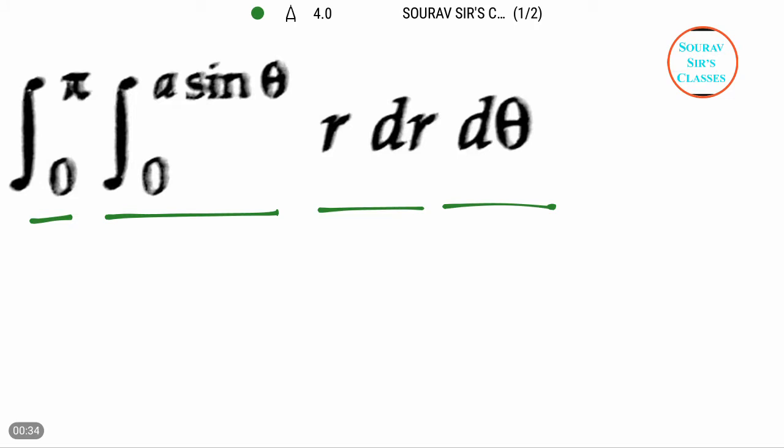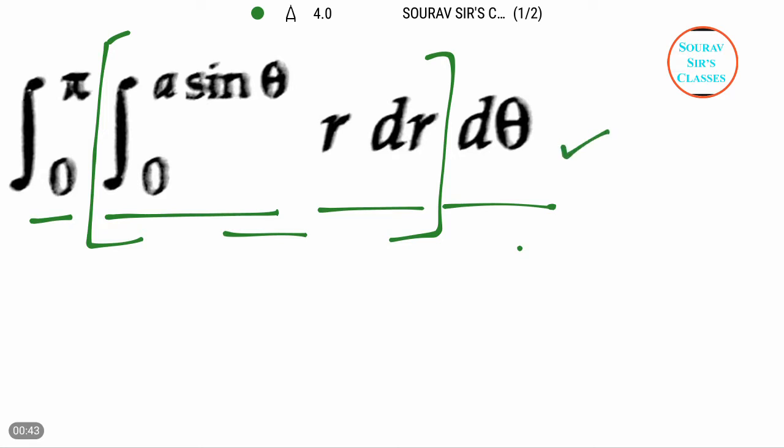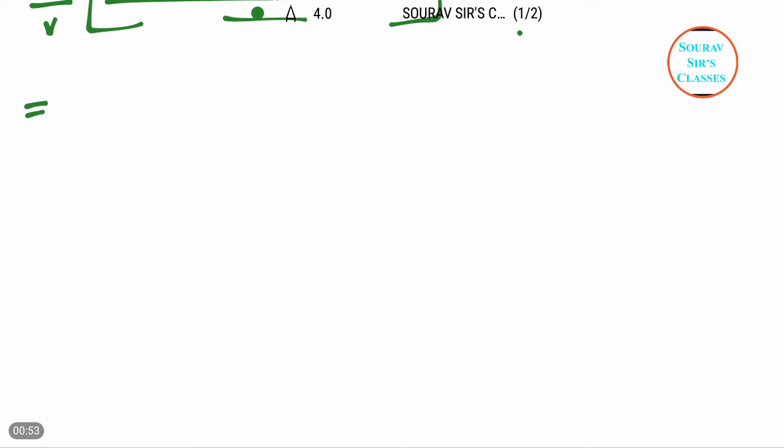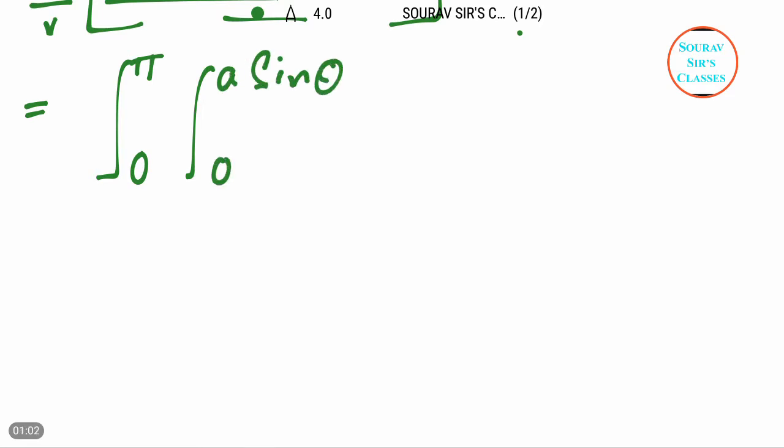At first, we will solve this part, and then we will solve the result that will come after integrating this part with respect to d theta and with the limits 0 and pi. So, now let us start. Okay, so our question was 0 to pi and 0 to a sine theta r dr d theta.